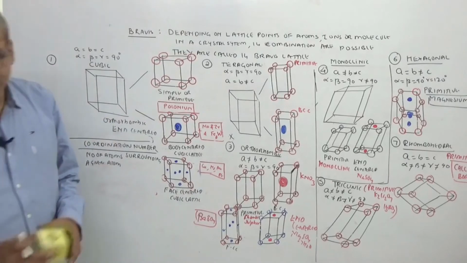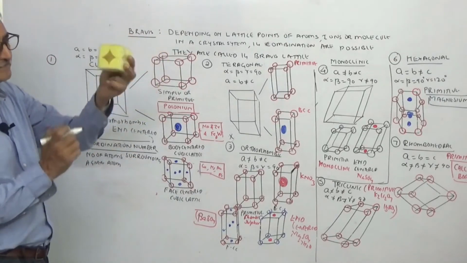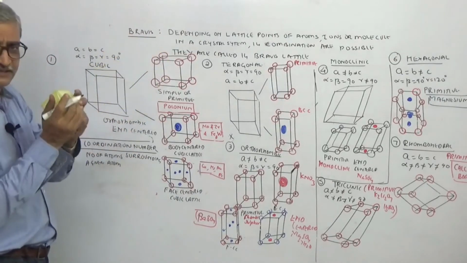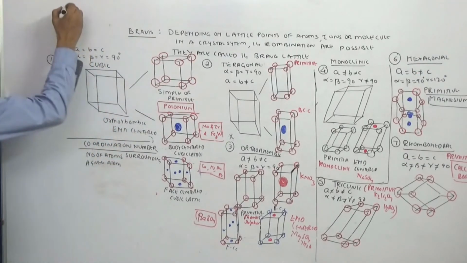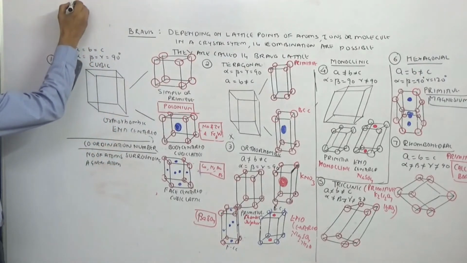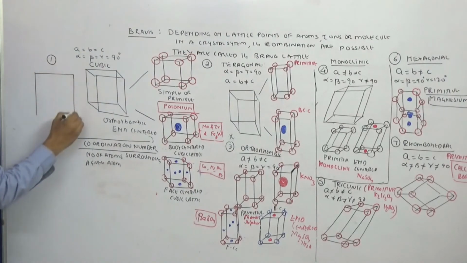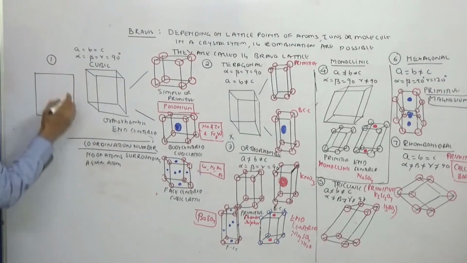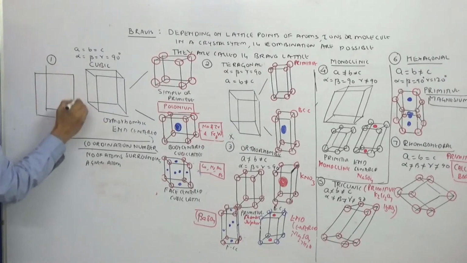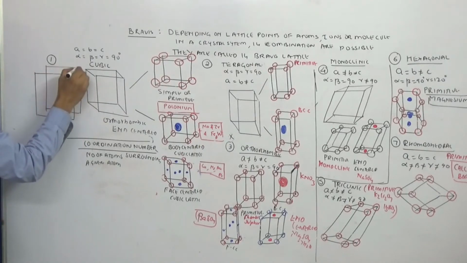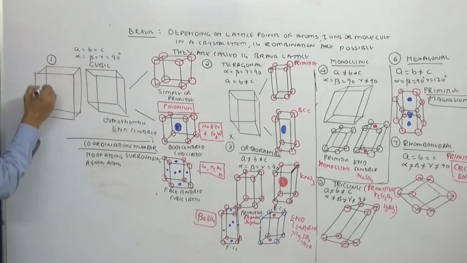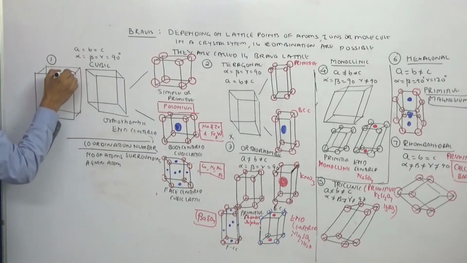Like if I take simple cubic, how many atoms are touching it? So when I draw the structure of simple cubic, I can write the numbers over here. I take any one atom, let's take this one.